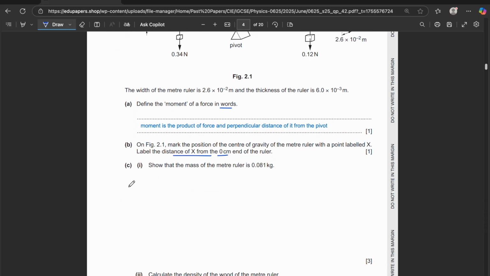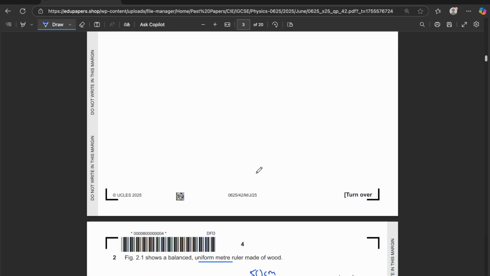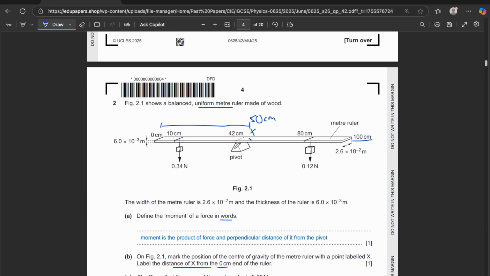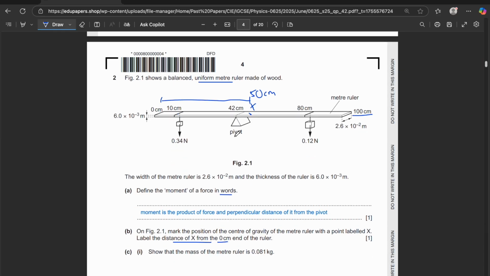Okay, so C1, show that the mass of the meter ruler is 0.081 kilograms. So because the pivot is acting somewhere else instead of the center of gravity, you have to consider its weight for moments. So this is one force, anti-clockwise.